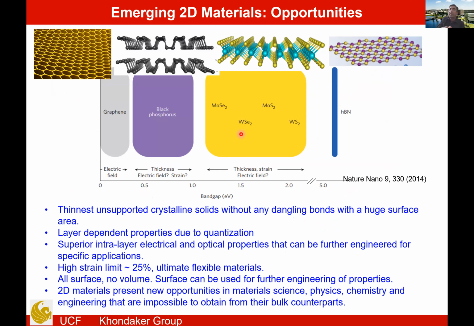So people figured that there are many other layered materials from which individual layers, or individual 2D materials, can be obtained, and that involves black phosphorus, transition metal dichalcogenides like molybdenum disulfide, molybdenum diselenide, tungsten diselenide, tungsten disulfide, and on the insulating side, hexagonal boron nitride.